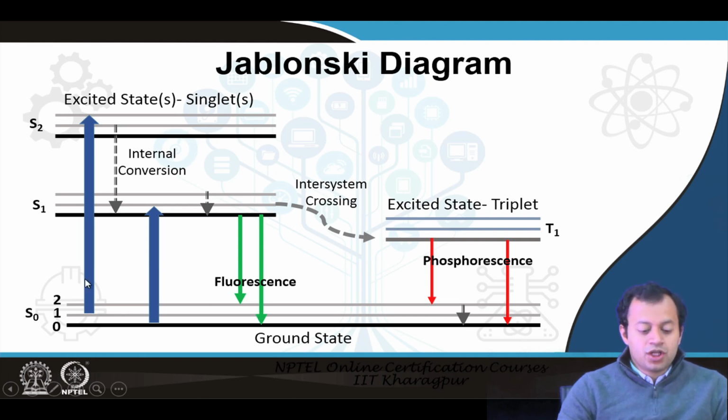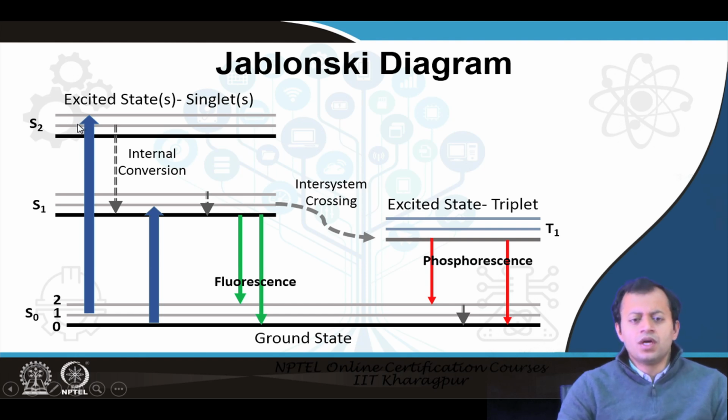Then you subject it to some kind of absorption. You send some amount of light, some amount of photon, and the electrons in the ground state move up to the excited states. Electron absorbs this photon, electrons eat this photon and move up to the excited state.